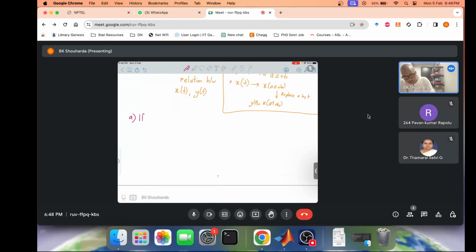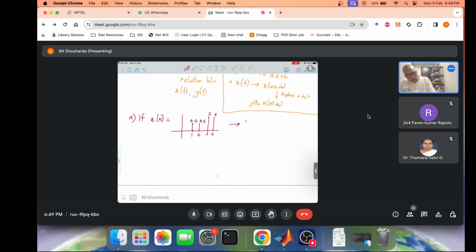So you are told that if x of n is non-zero, I mean these have the entries 0.5 at 1 and 2, and at 3 and 4 I have 1.